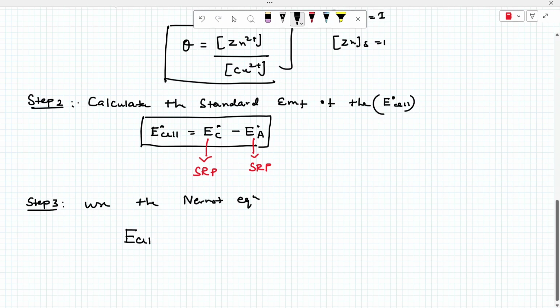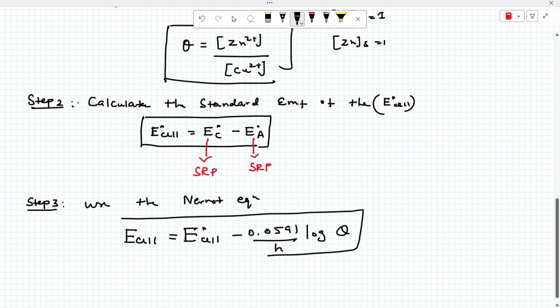E cell equal to E naught cell minus 0.0591 by n into log Q. Yes or no? Listen, we find out this Q value, this also you know, right? Then we can find out the E cell value. Important, please note.